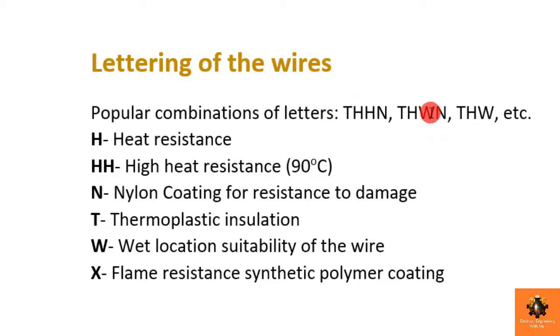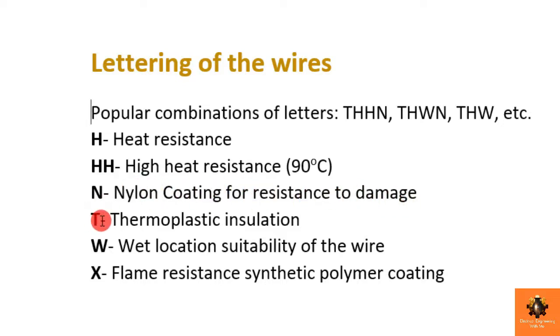These letters represent the type of the insulation, and as per the NEC, the letters stand for: H stands for heat resistance, double H stands for high heat resistance. This type of insulation can resist temperatures up to 90 degrees Celsius. Then N stands for nylon coating for resistance to damage.